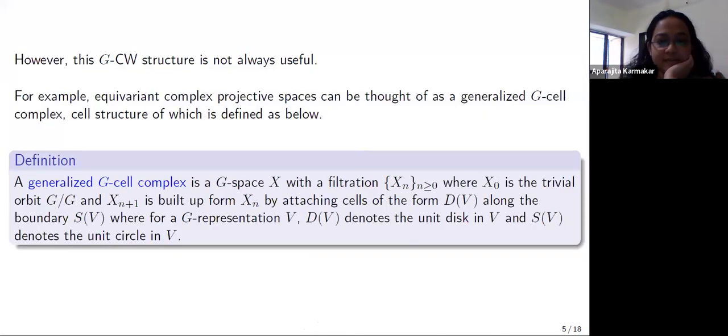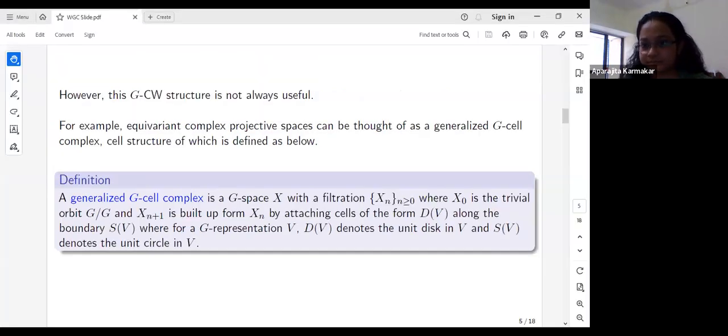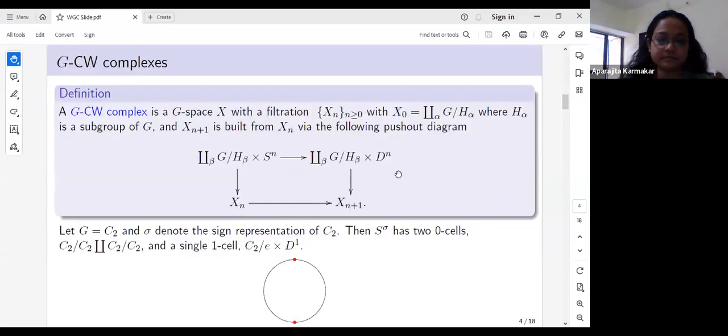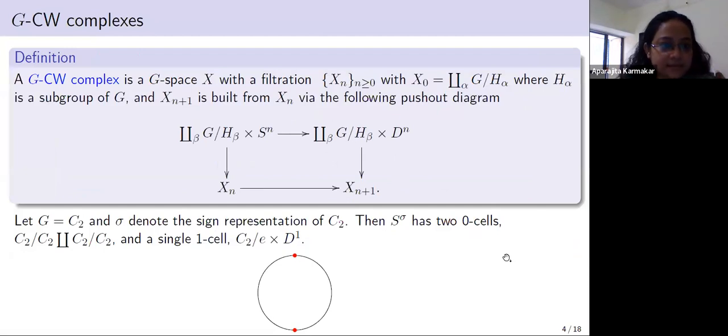So, for example, let G be C2 and sigma denote the sign representation of C2. Then S^sigma has two cells. One is C2/C2 union C2/C2.